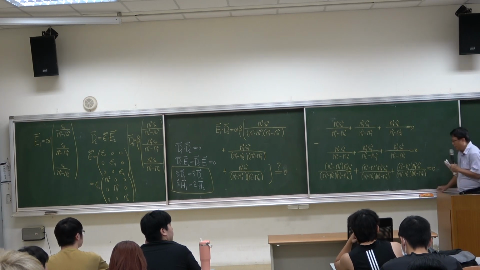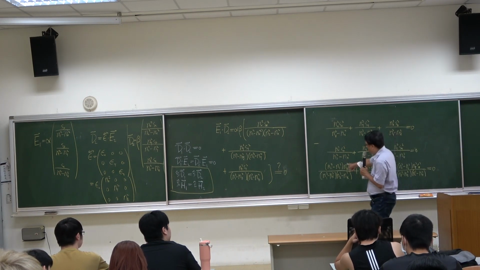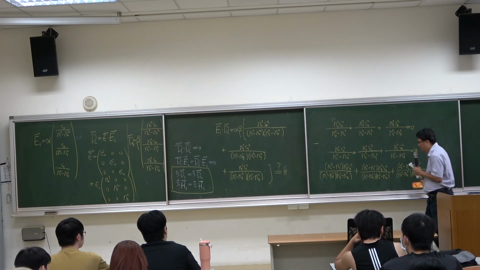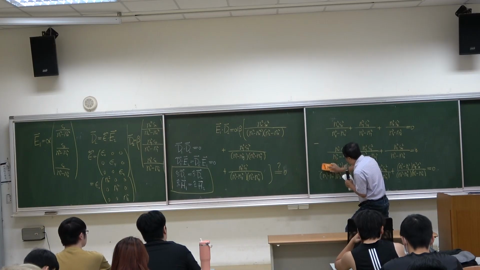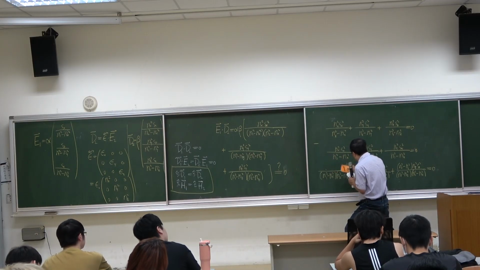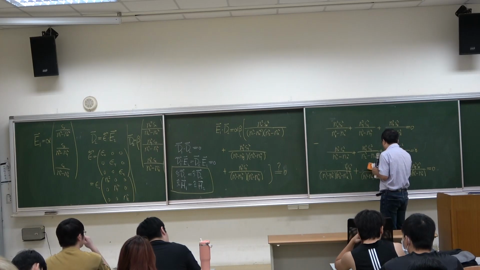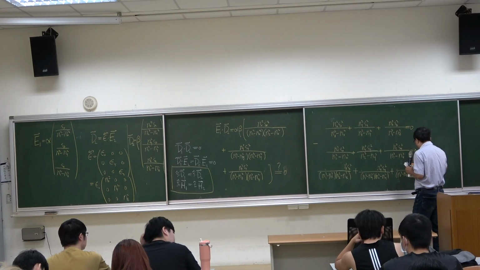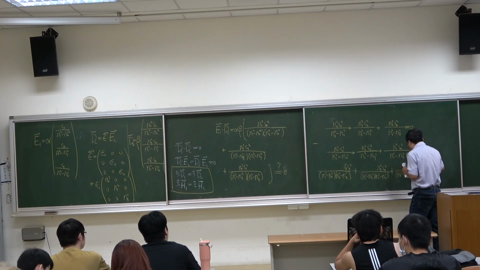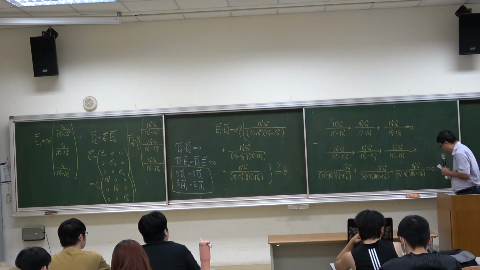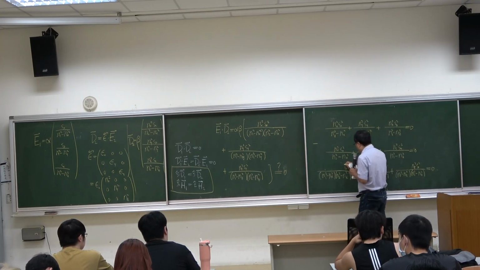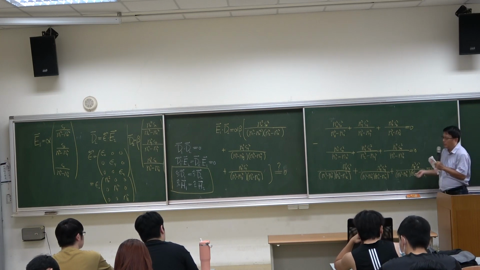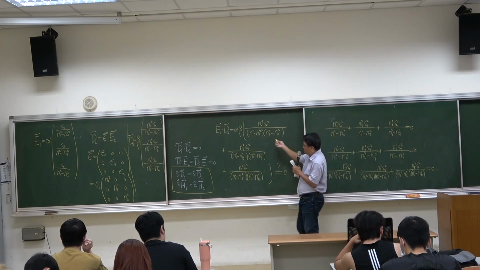Okay? And then we factor out this n2 squared minus n1 squared factor and divide the result by it. So finally we get this result, and this is just what we want.